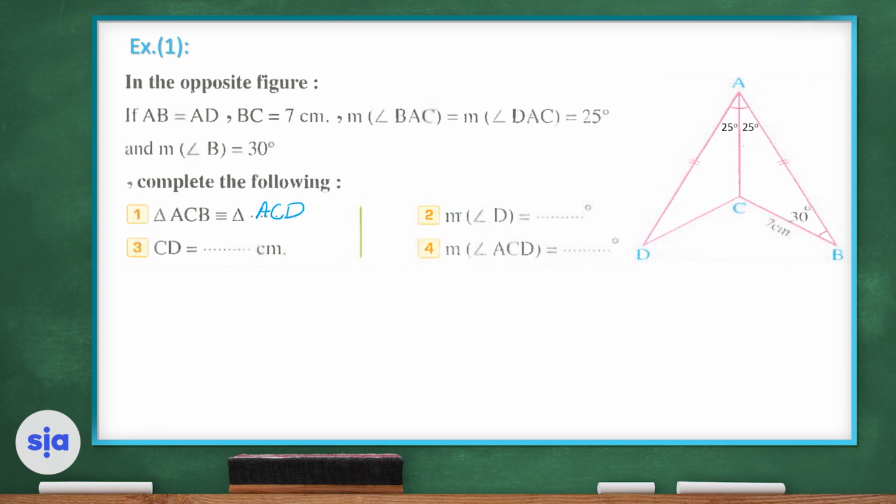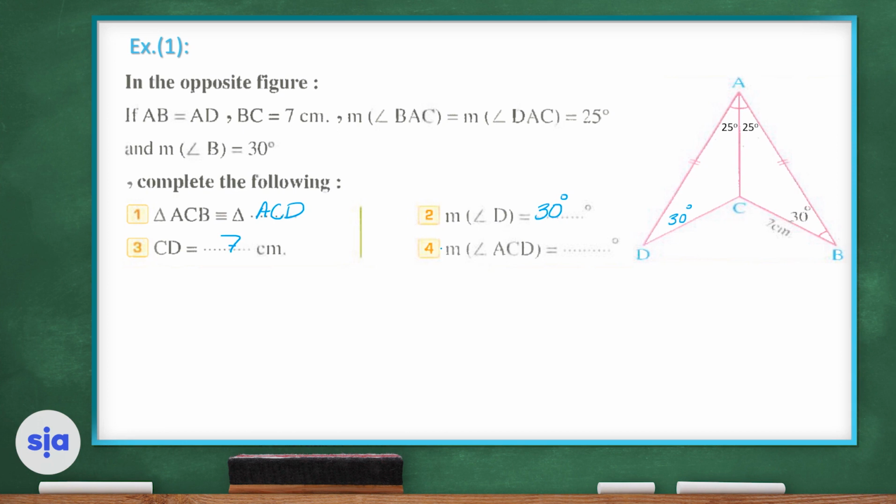ACD. Question 2. The measure of angle D is excellent. It's 30 degrees because it's equal to measure of angle B. If this is 30, so this one will be also 30 degrees. And CD is the same in length as CB, so it is 7 centimeters long.